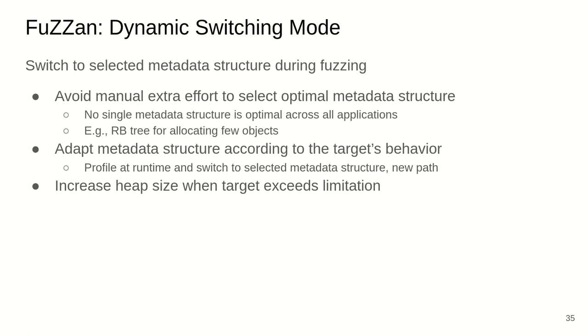We want to avoid this manual extra effort and automatically figure out which one is the most efficient for the target, including the automated switching mode. So whenever the heap size exceeds the support for our target, we would switch to a larger option and then adapt the metadata structure according to the behavior.